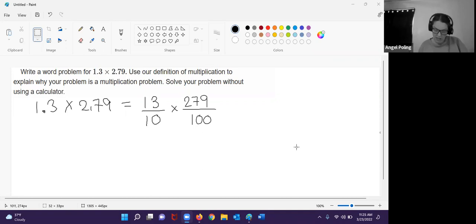So we have 13 tenths and 279 hundredths.